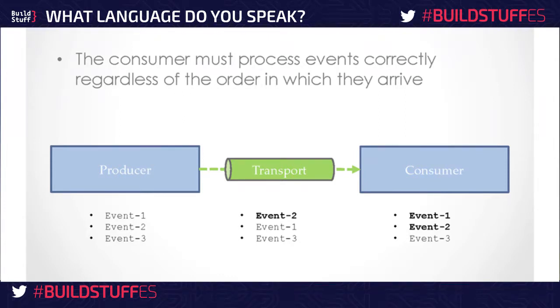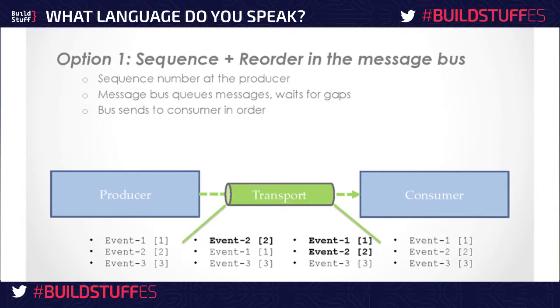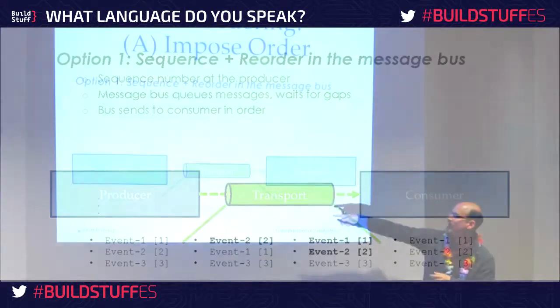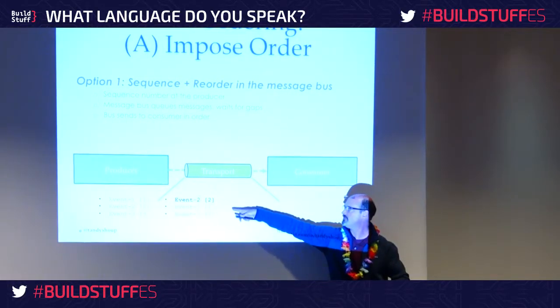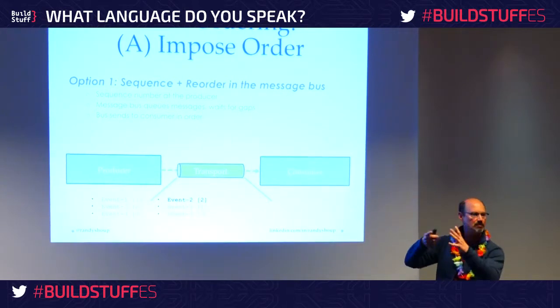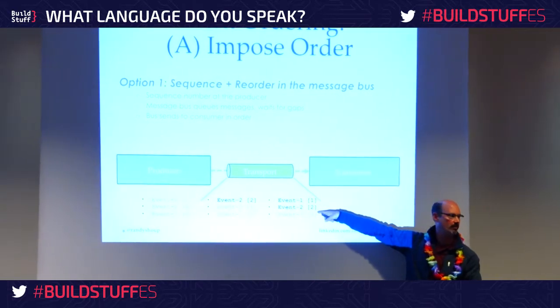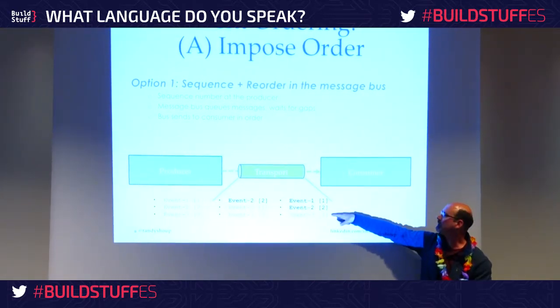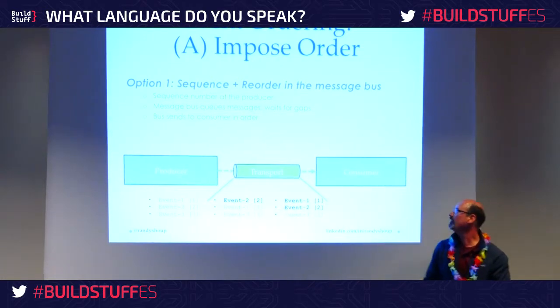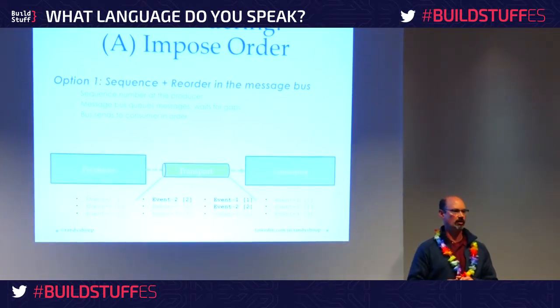All right, cool. Several techniques. The first set of techniques are basically imposing an order: having some place in the system where we take things that are out of order and reorder them in the correct way. A place we could do that is in the message bus. We might receive events out of order, so here we've received event 2 before event 1, and the message bus might be buffering everything up, and it might reorder it correctly and then pass it on to the consumer in order.